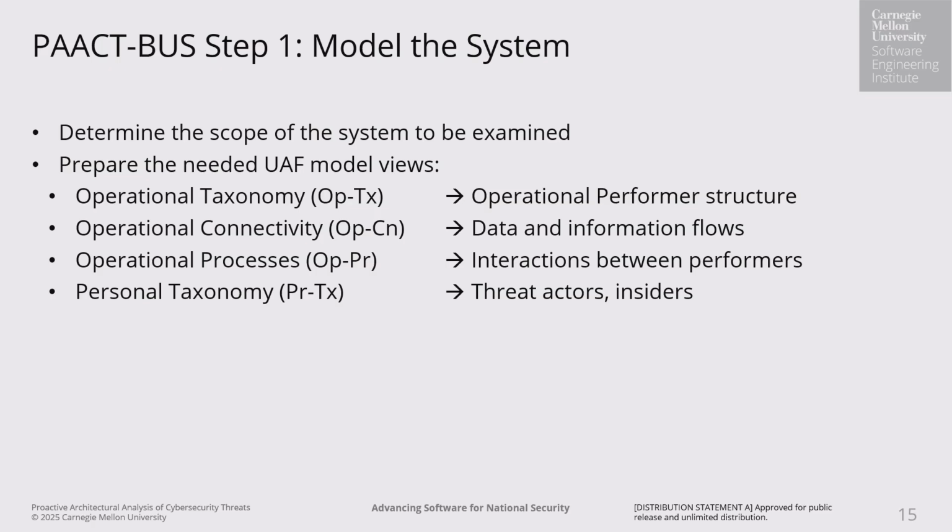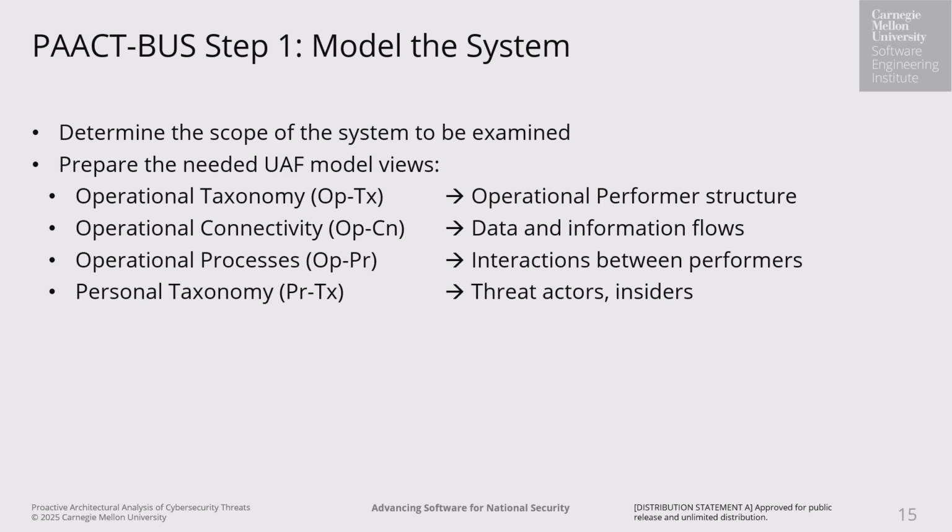And whenever we're modeling with this method, there are four key model views that you need to prepare to be able to threat model against. The first is going to be your operational taxonomy. That is going to provide the structure of your system at the operational level, who is going to be performing what functions.